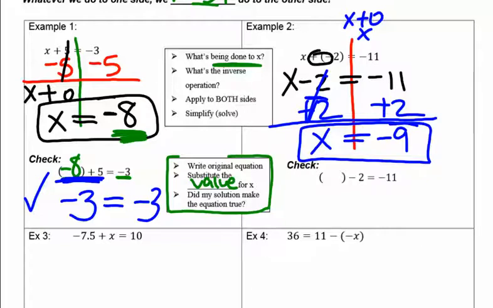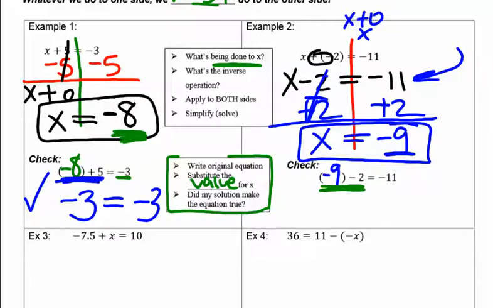And now, when you go to plug this in, I suggest plugging it in to the second part where you dumped your doubles already. Okay? So I have x minus 2. Well, we got negative 9 for x, and then equals negative 11.